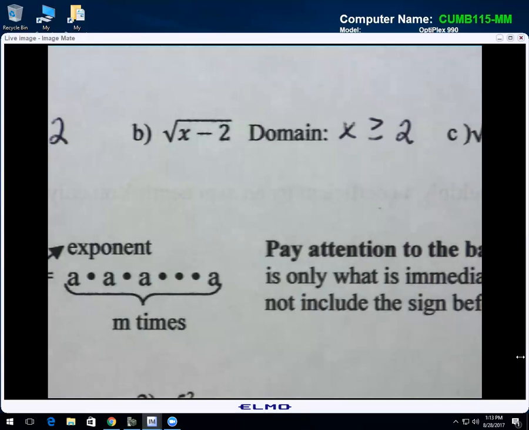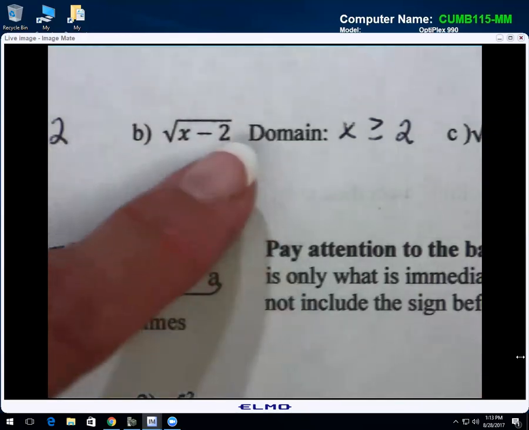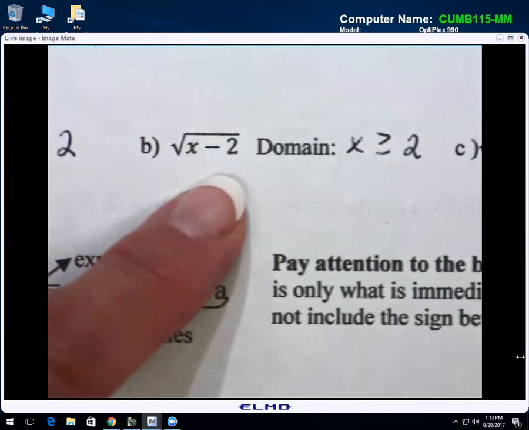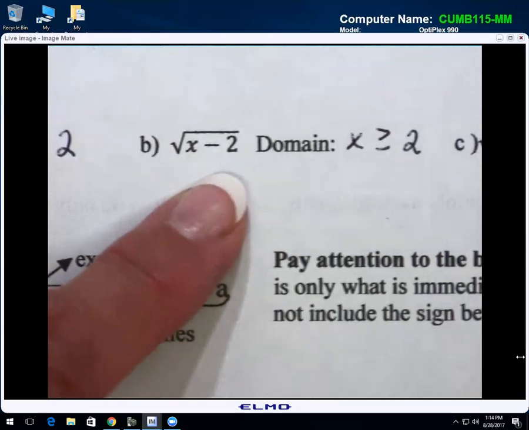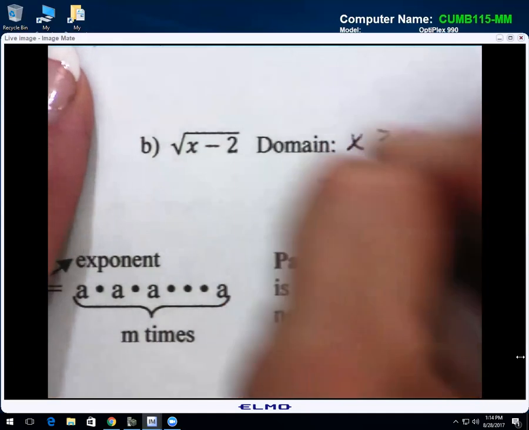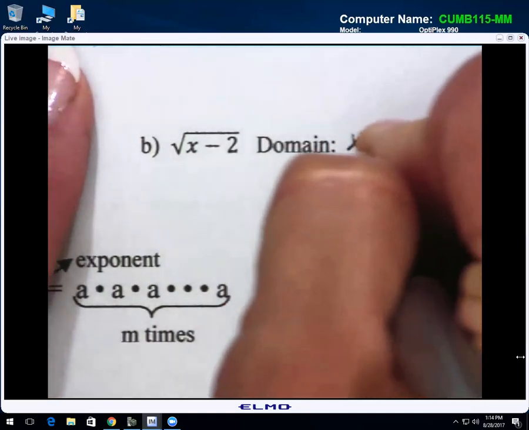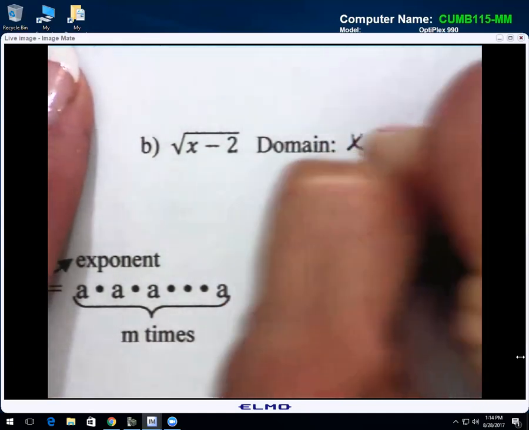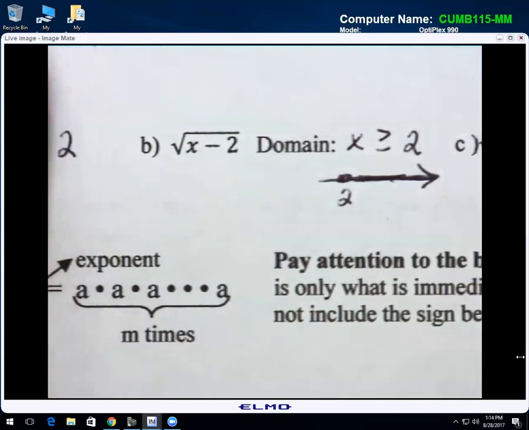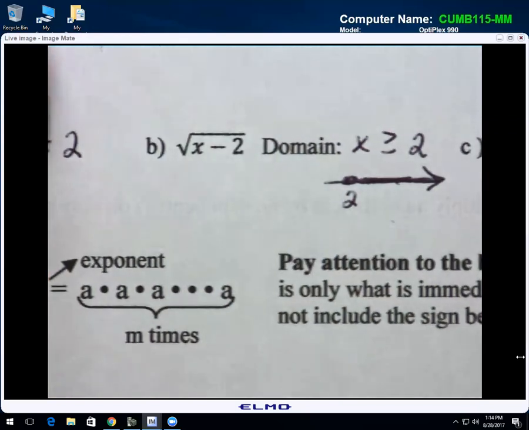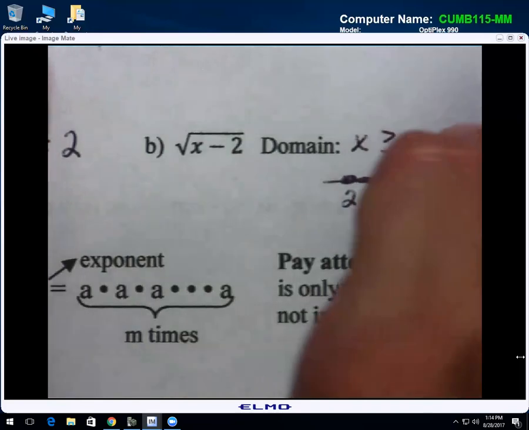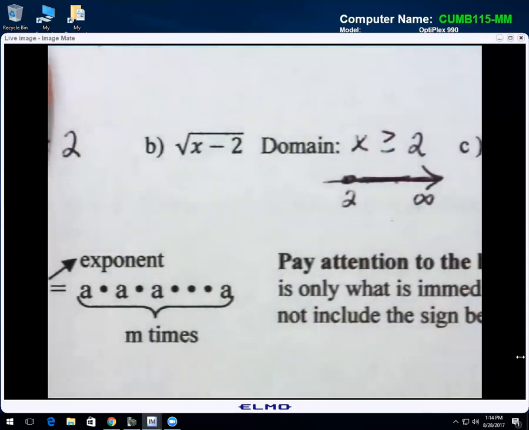Another way you could write that is interval notation. We'll talk about it more in 1.4, but does anybody remember interval notation? If I was going to graph all the numbers greater than 2, I'd put a closed dot on 2 and shade to the right. What's that symbol we use when we shade forever to the right? That's infinity.